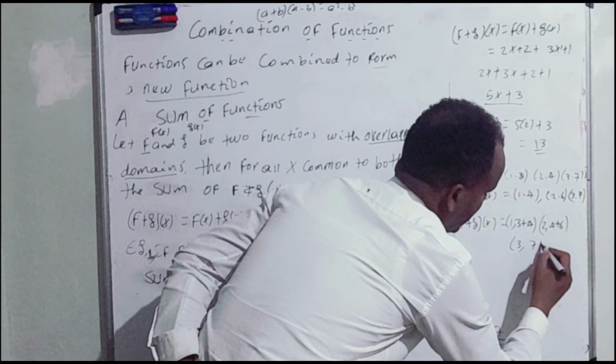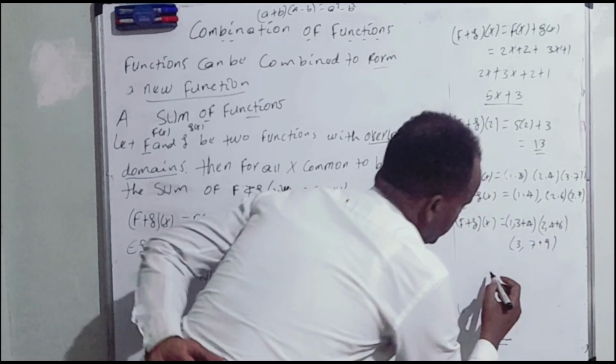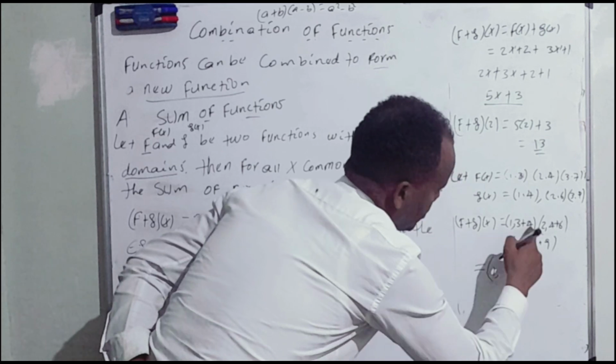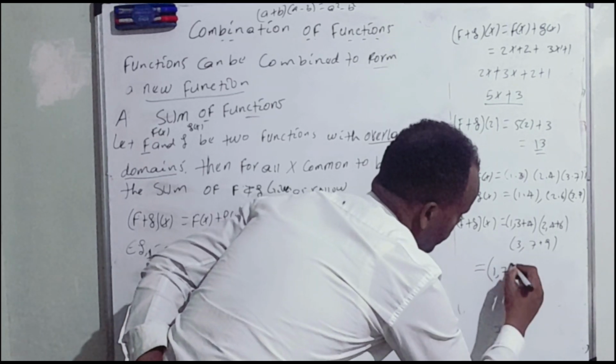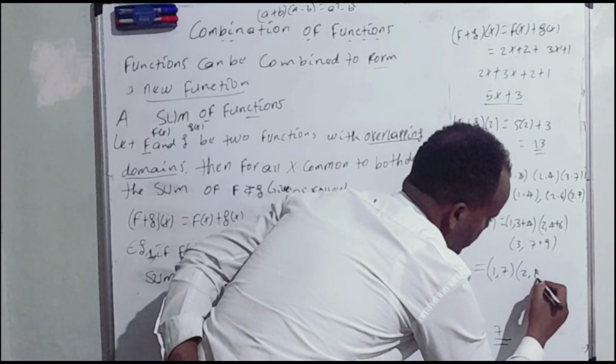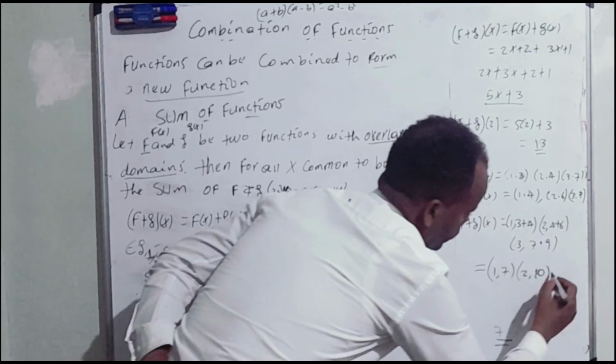So this will be 1, 3 plus 4 is 7; 2, 4 plus 6 is 10; and 3, 16.